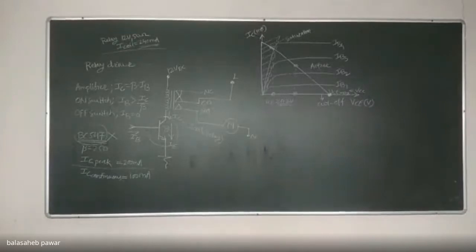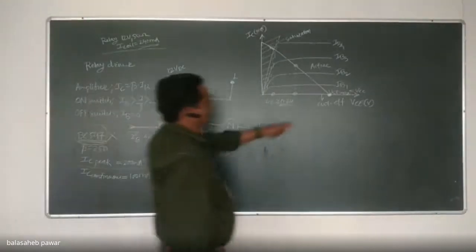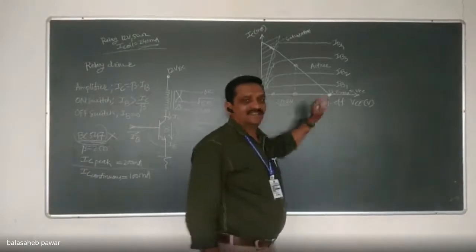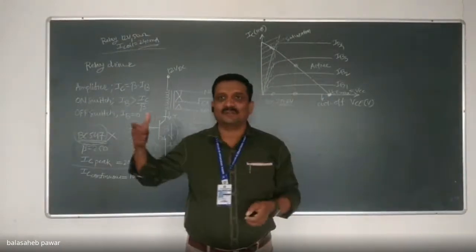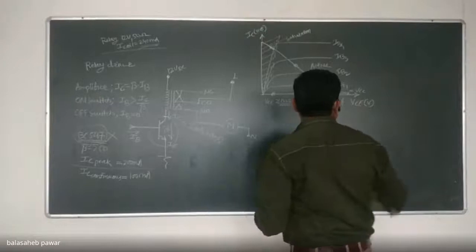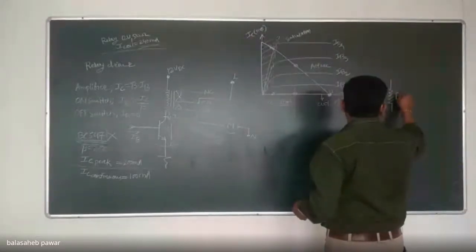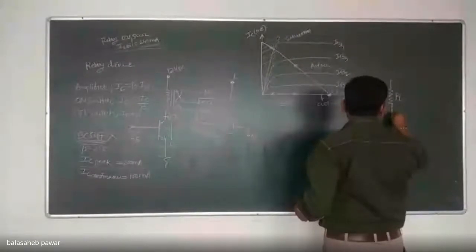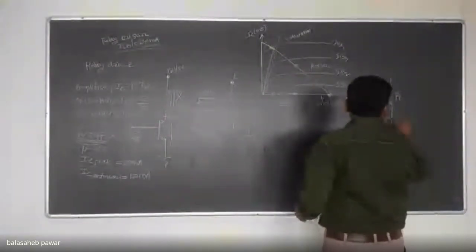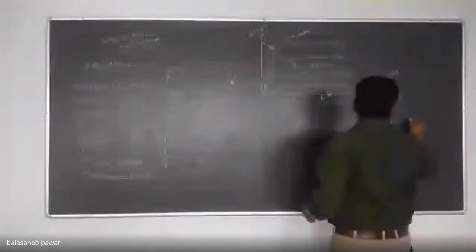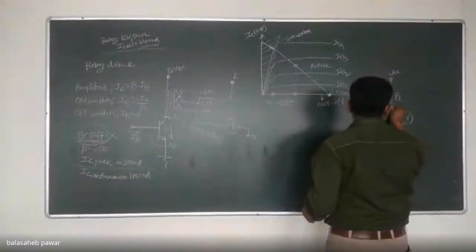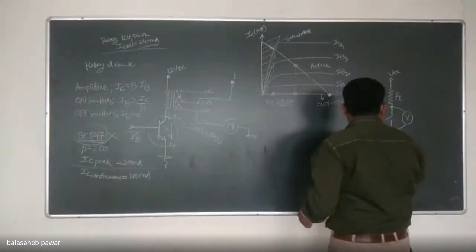My question is, if the transistor is operated in the cutoff region, how much will be the voltage across it? No one? It is acting as an open switch. Suppose any RL is there and the switch is open with respect to ground. Here VCC is applied. I'm asking, if the switch is open, how much will be the voltage across that switch?